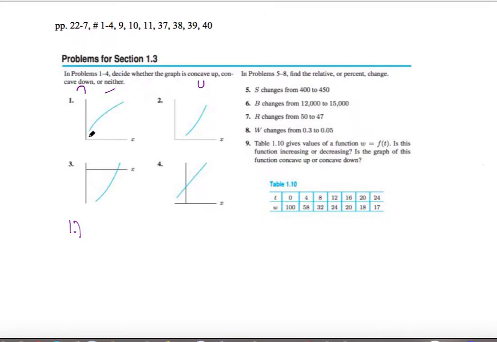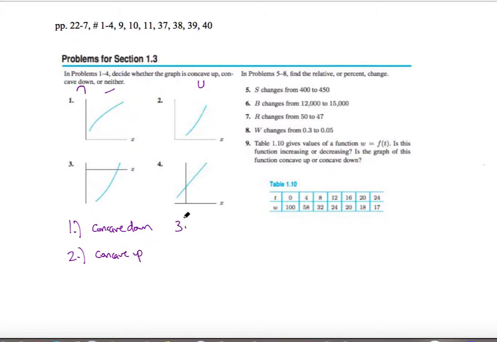straight line. So just taking a look at these problems, number 1 you can see actually curves off and to the right. If I were to continue this, it would definitely be curving downward. So this is concave down. Number 2, you can actually see a slight curve upward. This is concave up.